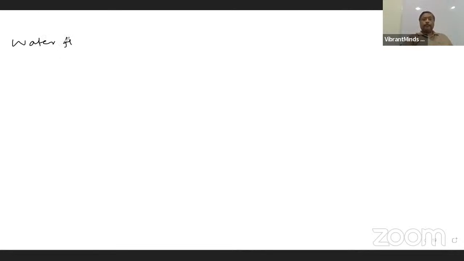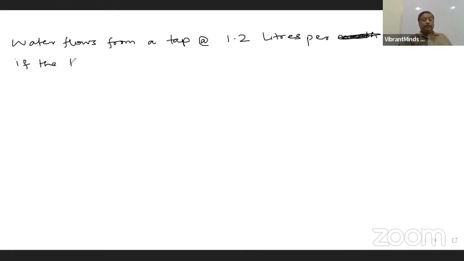The question says, water flows from a tap at the rate of 1.2 liters per minute. If the tap is opened for 3 hours, find the volume of water collected.